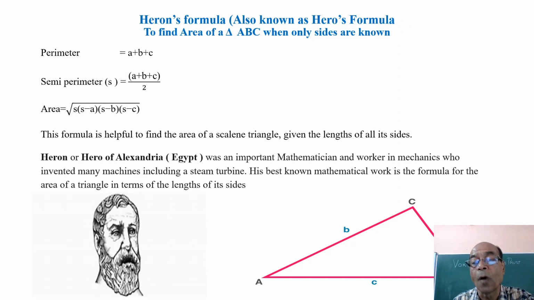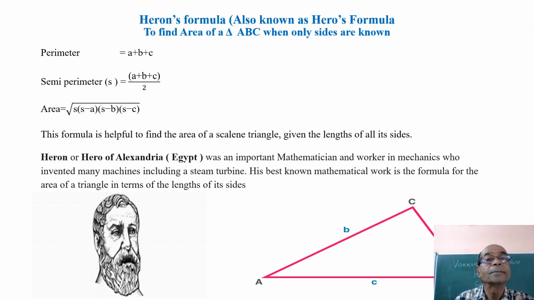His formula to find the area is equal to the square root of semi-perimeter, that is S, multiplied by S minus A multiplied by S minus B multiplied by S minus C, where A, B, C are the three sides of the triangle.